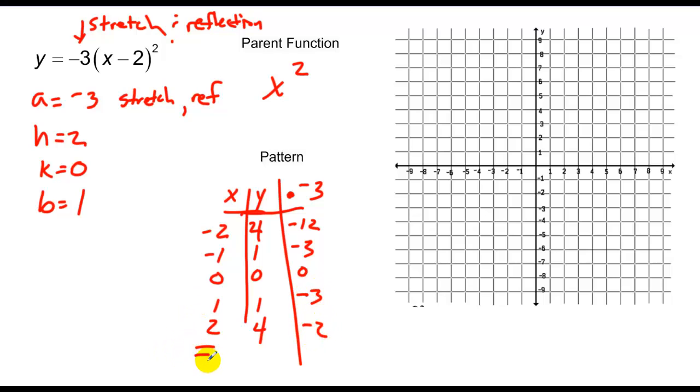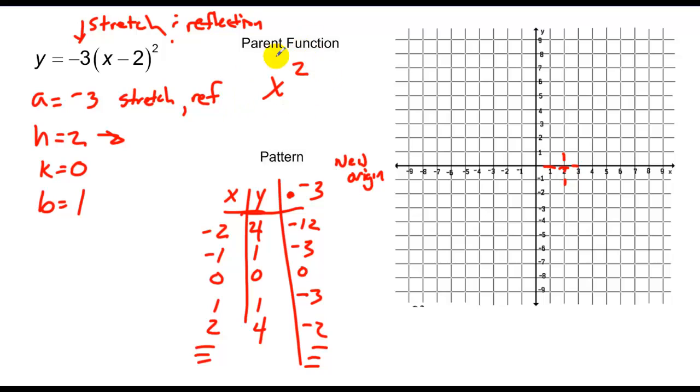So really what I'm graphing now from my new origin are these x's and these y's. I'm going to move to the right 2 and up 0. There, once again, is my new origin. And from that origin, I'm going to now graph this pattern.